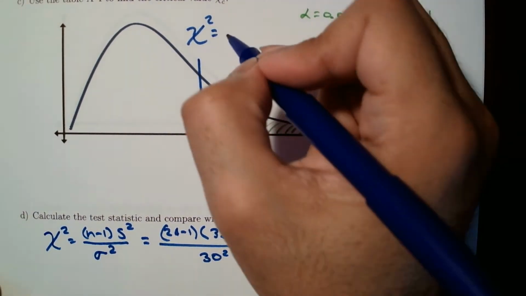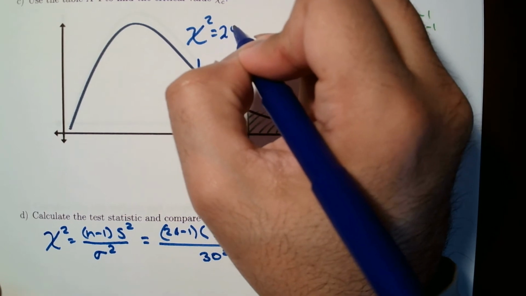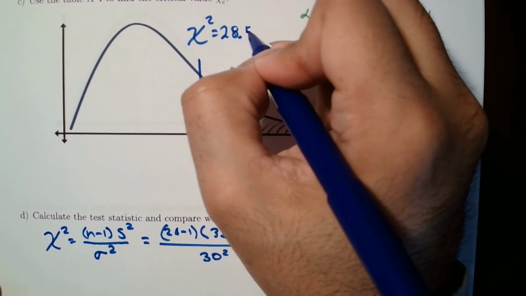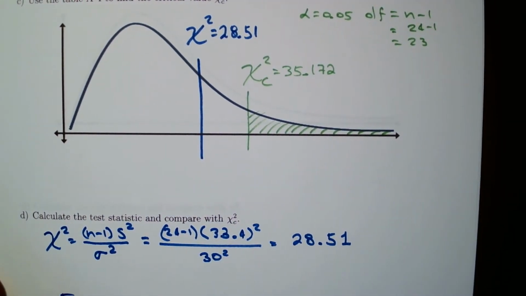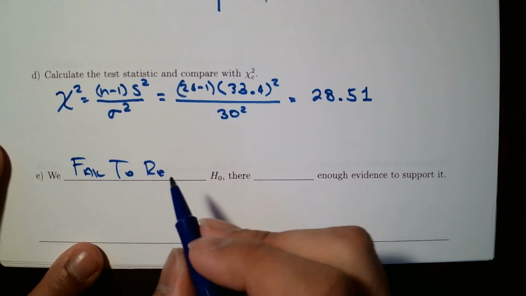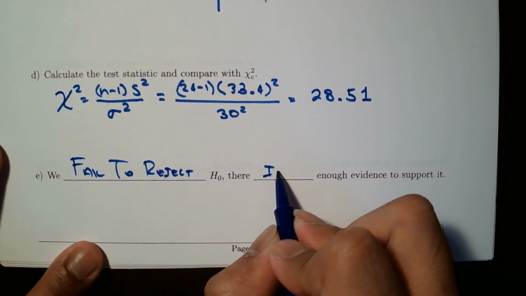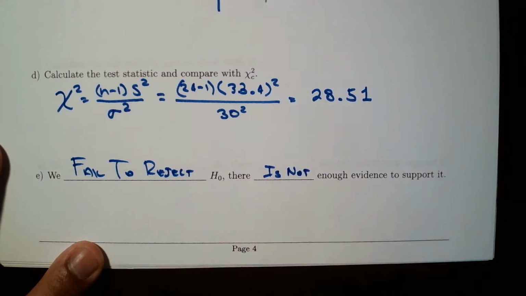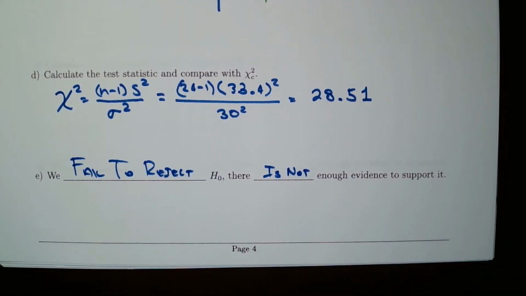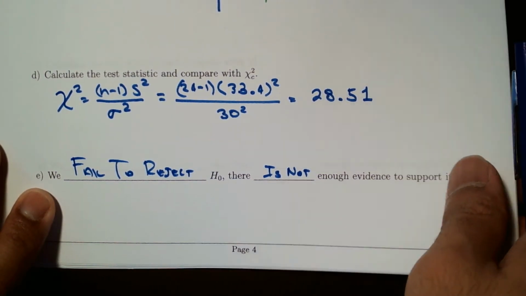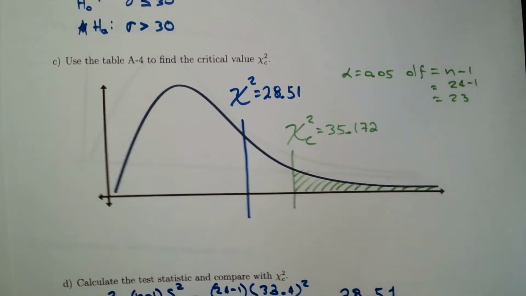So for this reason, we fail to reject, because there is not enough evidence to support our claim. All right, so let's have a look at another example.